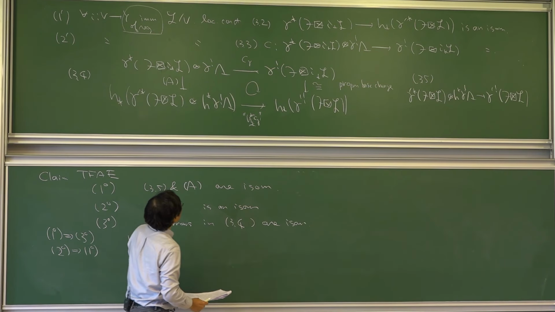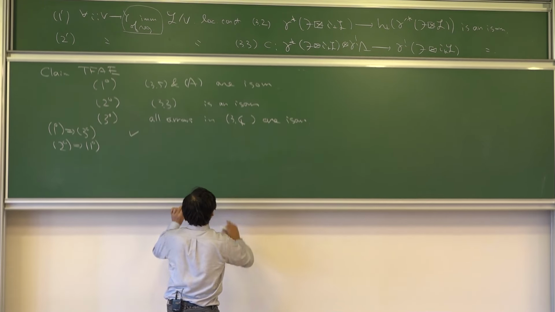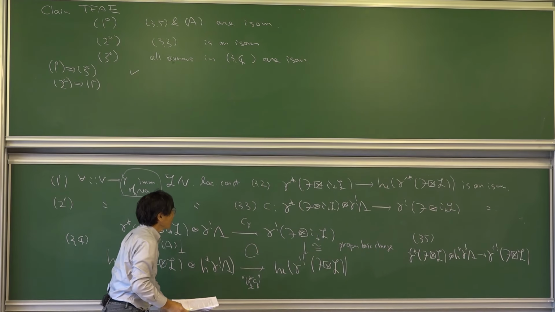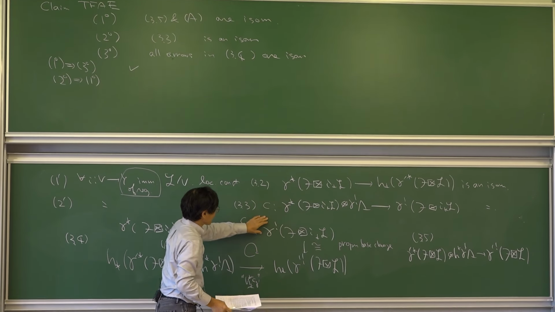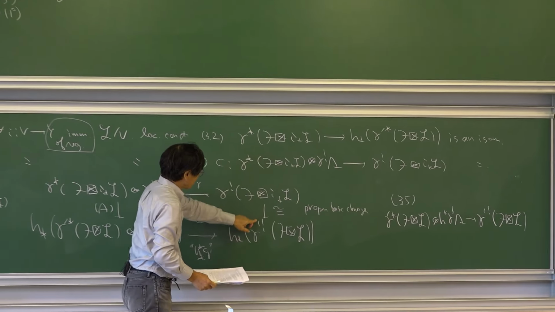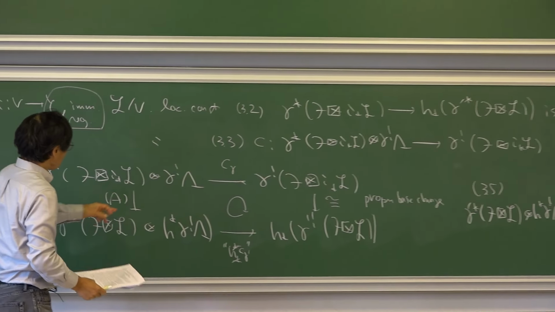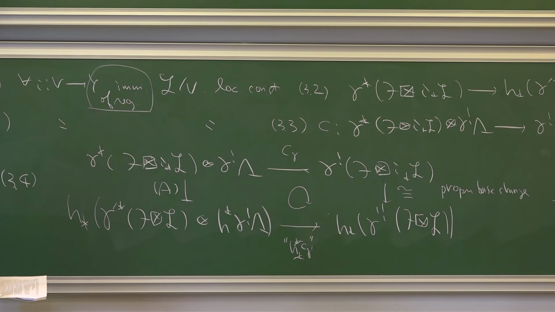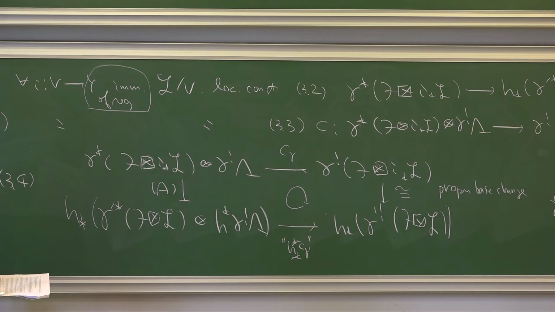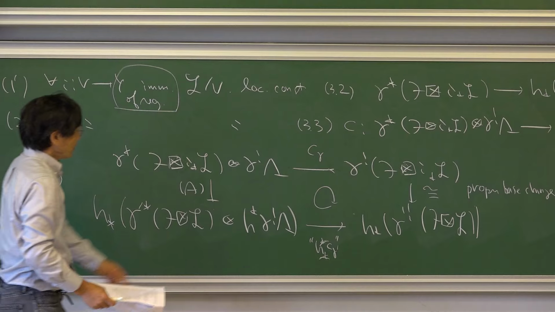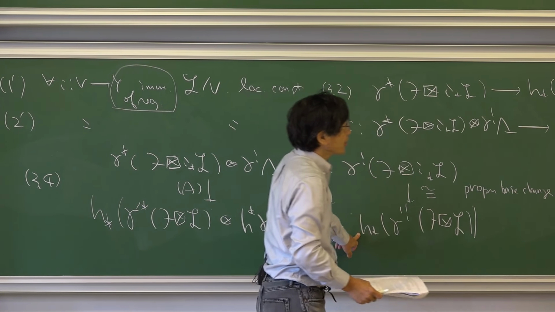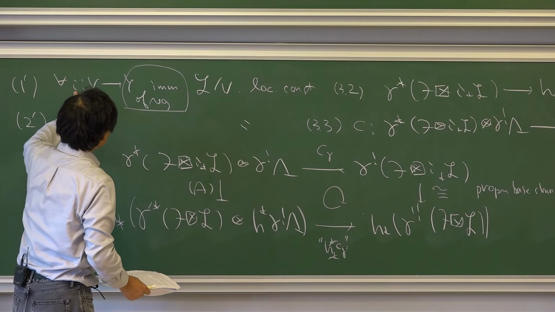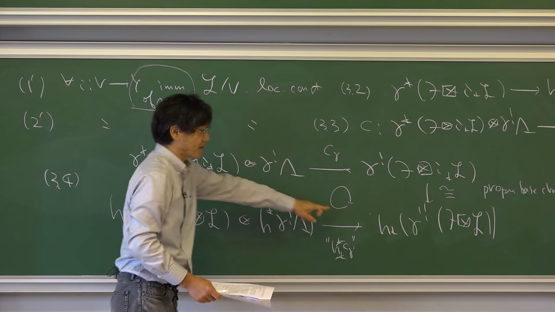So 3.3 is an isomorphism. So we assume this is an isomorphism, and we know that that is an isomorphism. So that means this composition is an isomorphism. Okay. But this H is the base change of I. So our I is an immersion, so H is also an immersion.